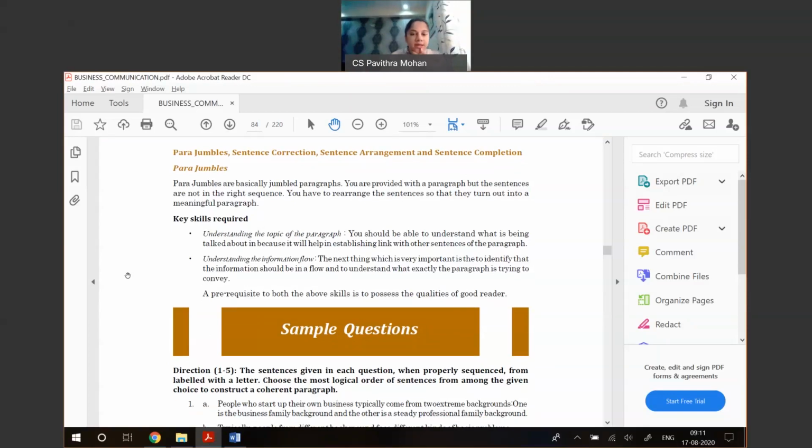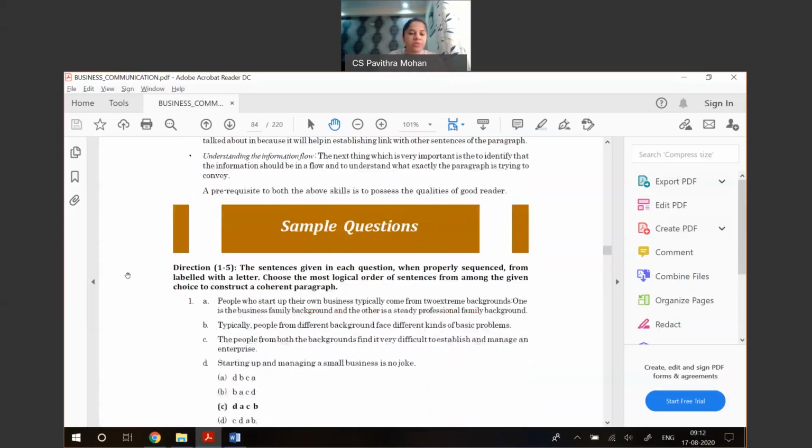Then you have para-jumbles, sentence corrections, sentence arrangements, and sentence completion. With respect to this, what is para-jumbles? In para-jumbles, a paragraph will be given, but they won't give it in a direct way. Let's say a paragraph has 4 sentences; they have split the sentences into different components.